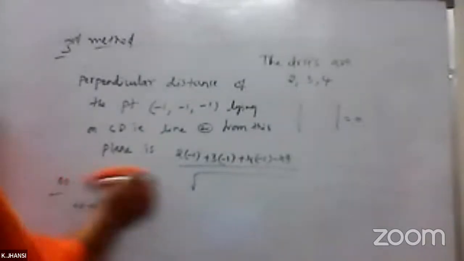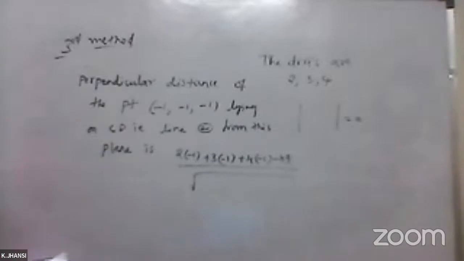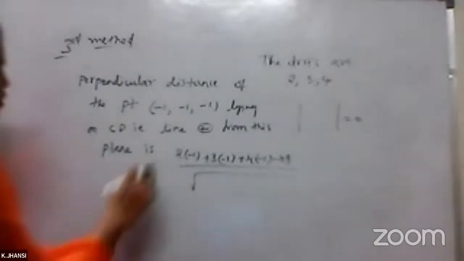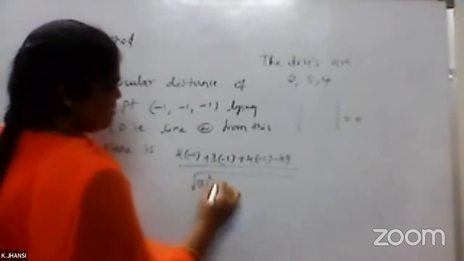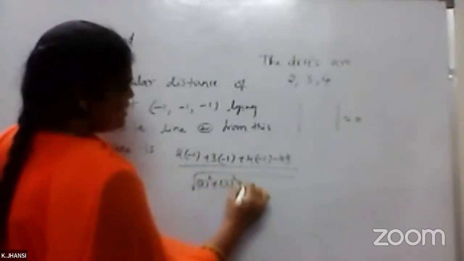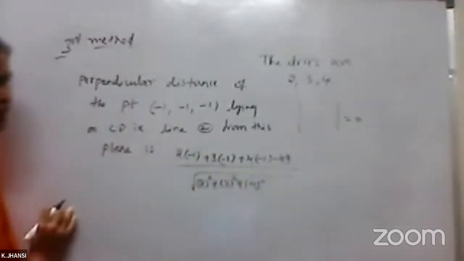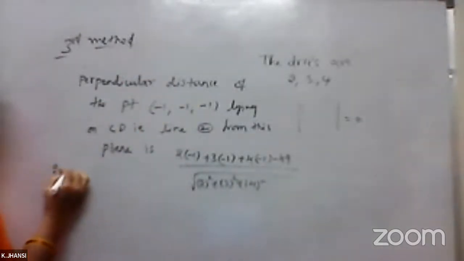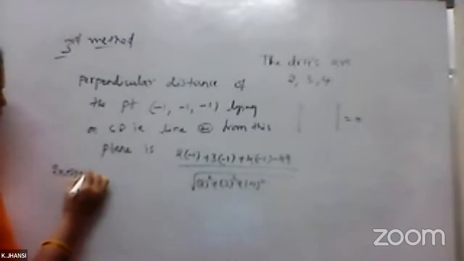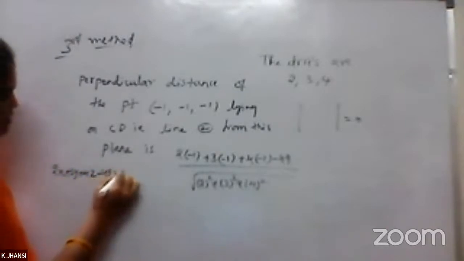Okay. By what are the direction ratios? It is 2 whole square plus 3 whole square plus 4 whole square. Okay. So we got the plane equation there, no, it is 2x plus 3y plus 4z minus 49 equals 0.